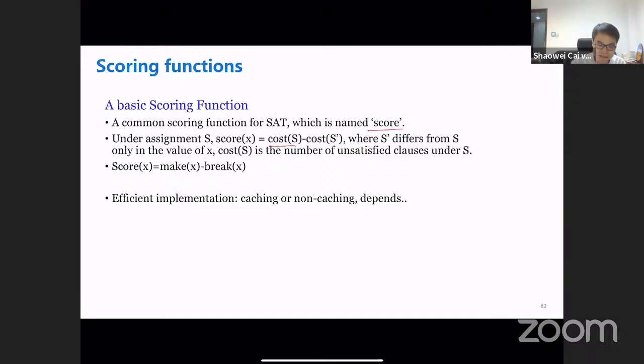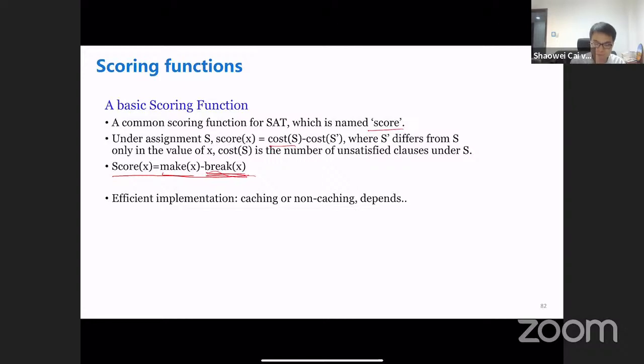It can be separated into two components, make and break. The make of a variable x considers how many clauses will become satisfied from unsatisfied, and the break measures how many satisfied clauses will become unsatisfied. So it is easy to see that the score equals make minus break.